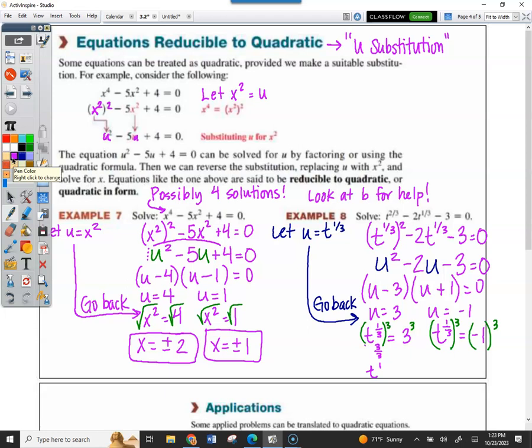If I cube that, I would end up with t to the 3/3 power, which is the same thing as t to the 1st power, which is 27. Here I would end up with t to the 3/3 power equals negative 1, which is t to the 1st power is negative 1.